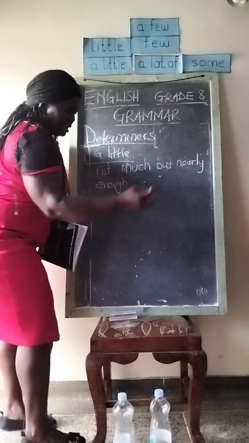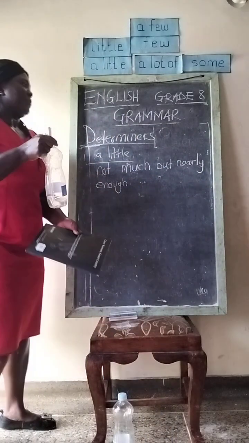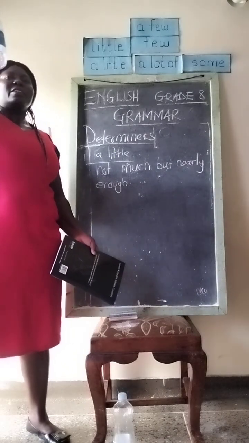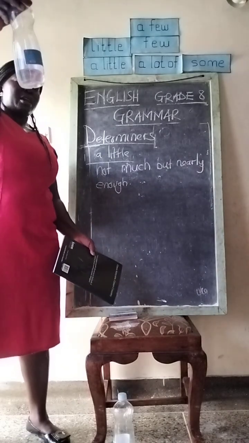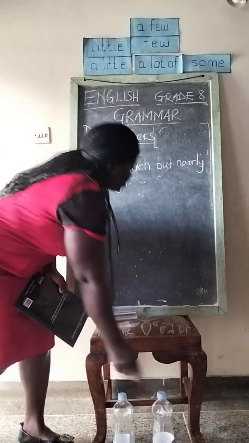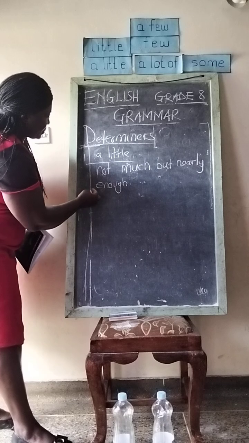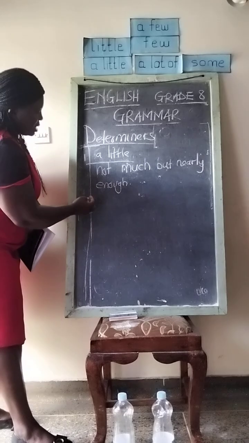At least someone can get help. If I say, for example, I have a little water, you can get help with the little water I have. In a sentence, you can say, I hope you also write your own sentence using a little.